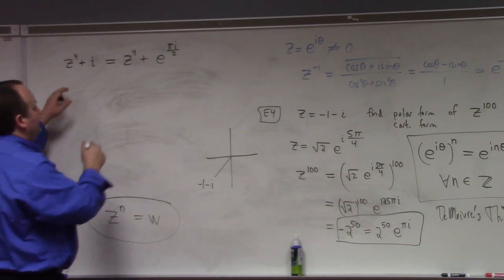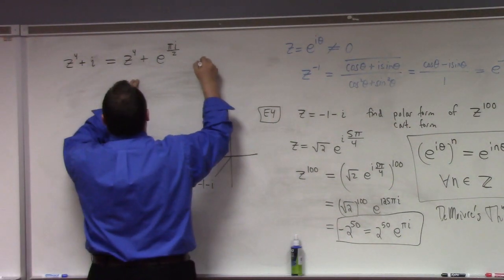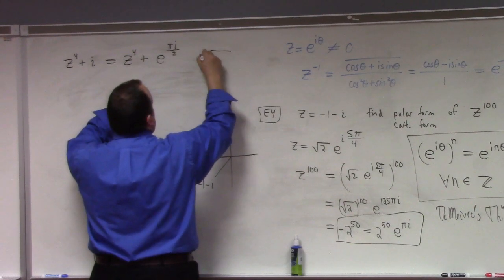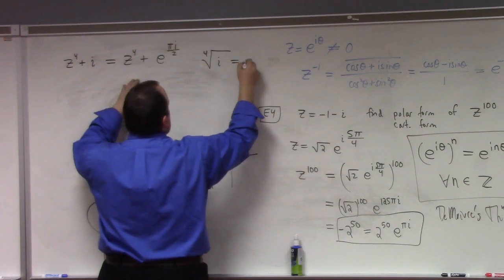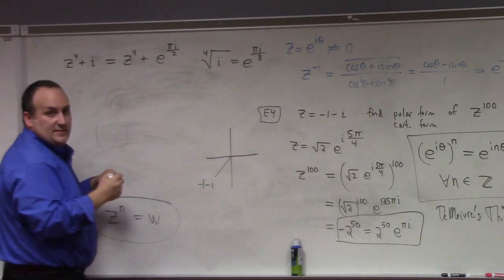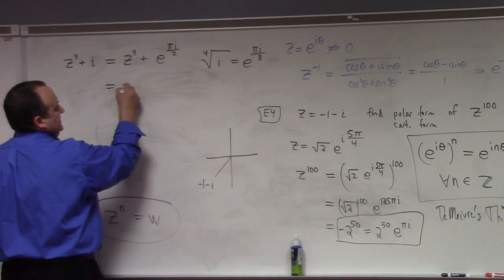And so if I divide that by 4, it turns out that the so-called principal fourth root of i is equal to e to the pi i over 8. All right? And then, knowing that, this factors like this.